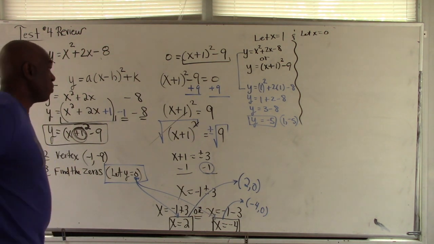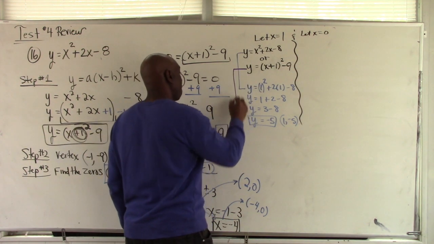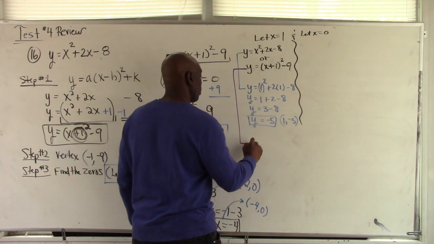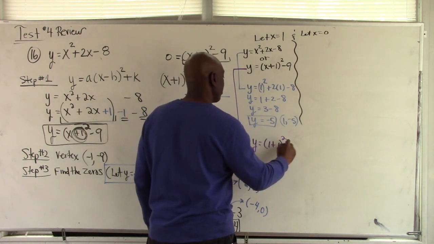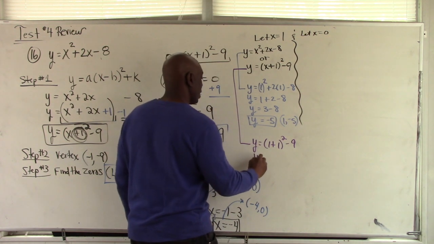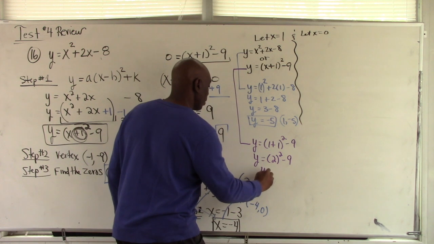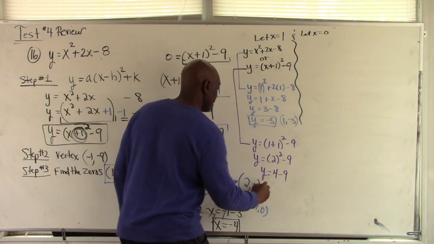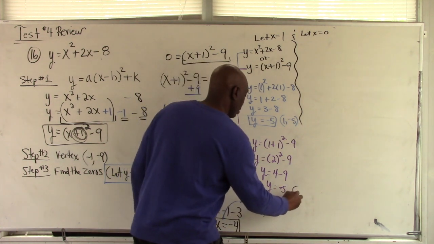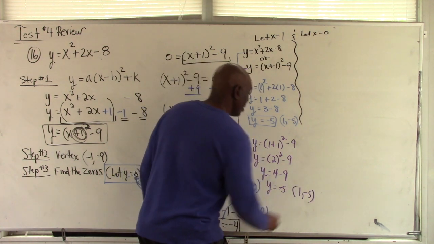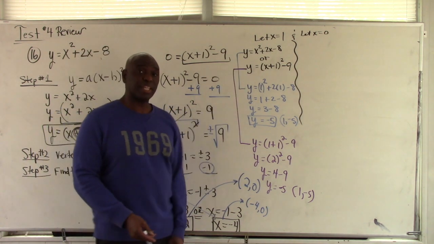Well, that's going to give me y equals 1 plus 1 squared minus 9, and y equals 2 squared minus 9, and y equals 4 minus 9, and y equals negative 5. So that's going to be the coordinate point 1 comma negative 5. So it doesn't matter which one you use. Use either formula. They give you the same output.